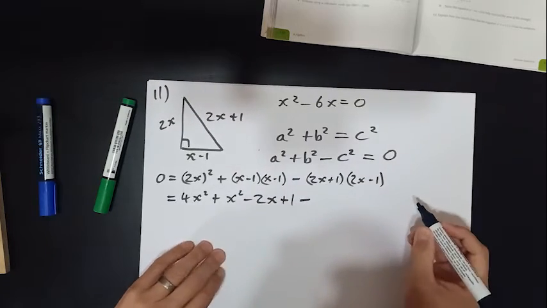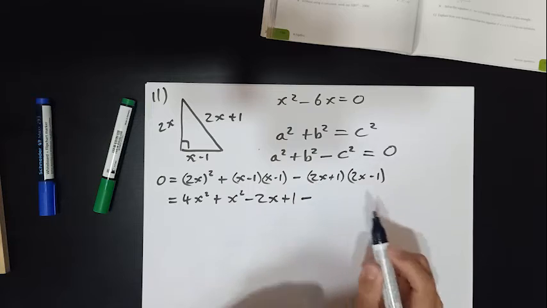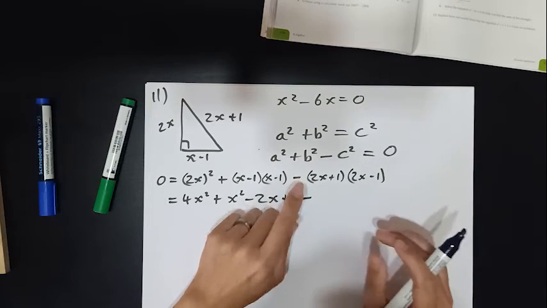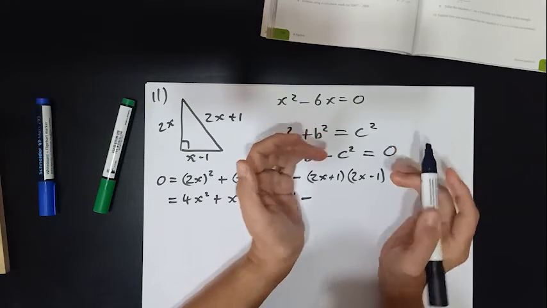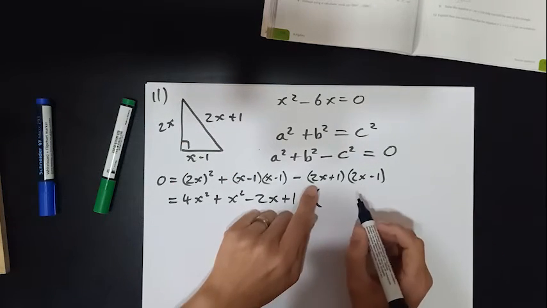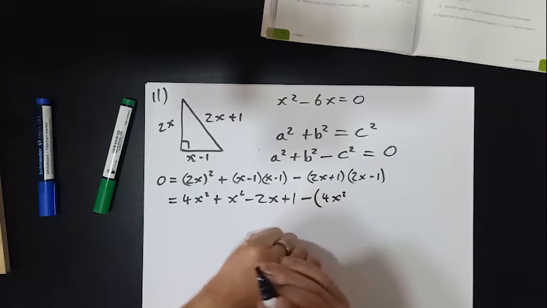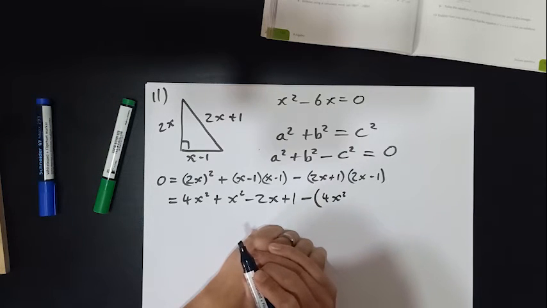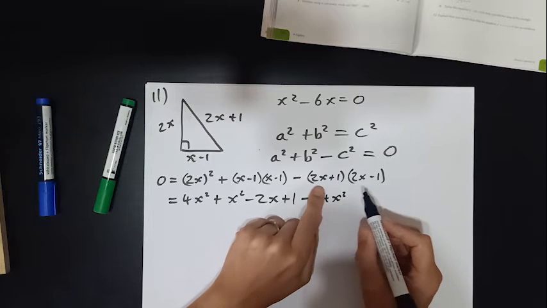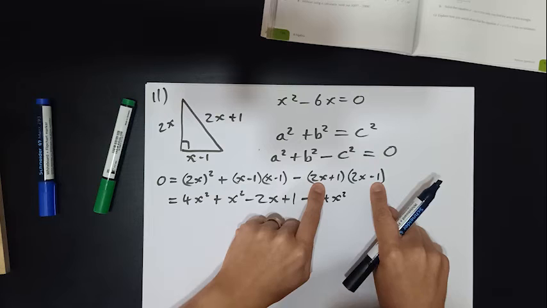Now let's move on to this, minus. Be careful, we've got a minus in front of all this, so let's put all of this inside brackets. 2x times 2x, 4x squared. And then 2x times minus 1, that's minus 2x.